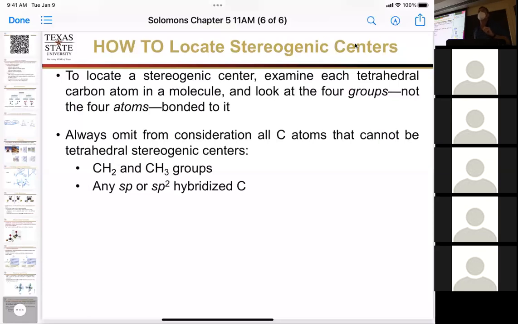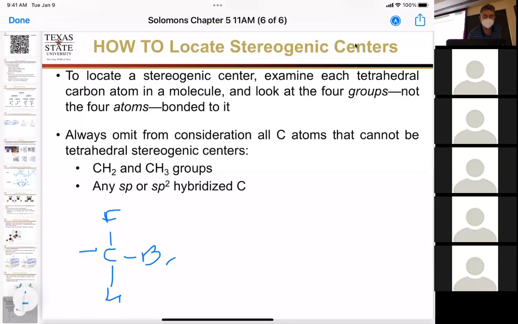It must be sp3 hybridized with 4 bonds. If we look at something like a carbon with fluorine, bromine, iodine, and hydrogen, we have 4 different things. That means it's a stereogenic carbon. It's a chiral carbon.